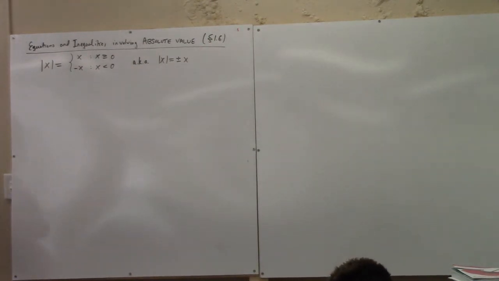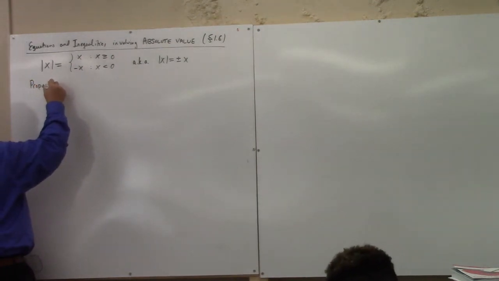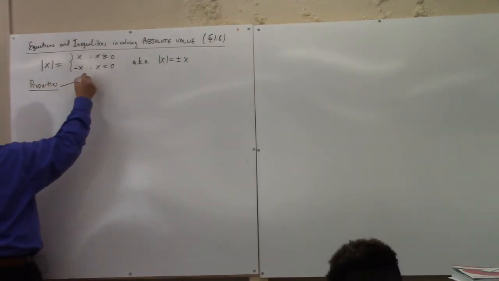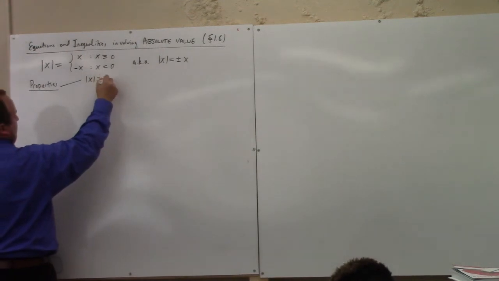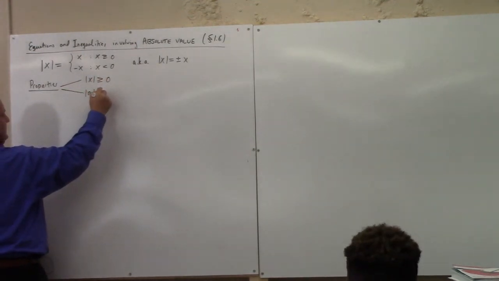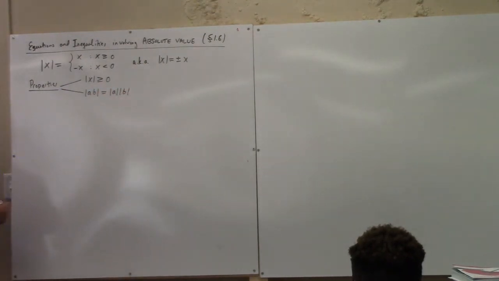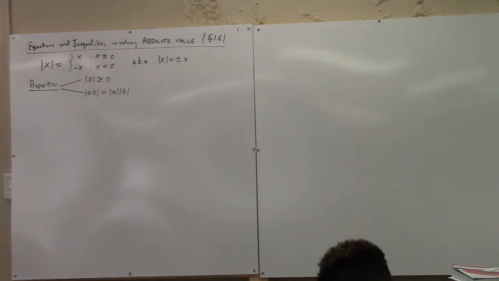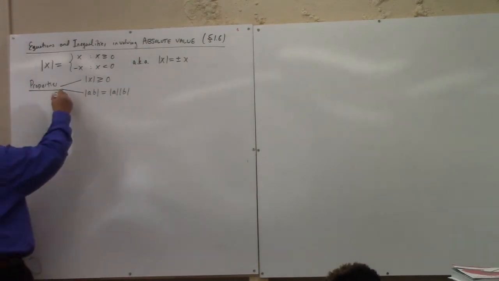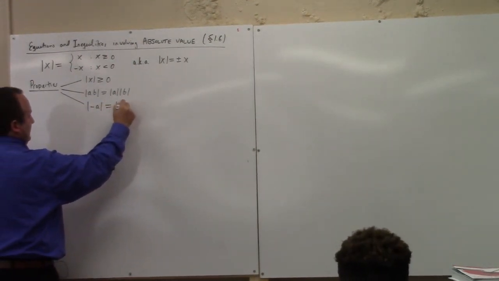We had some properties last time. What were the properties? Absolute value of x is greater than or equal to 0. The absolute value of a times b is absolute value of a times absolute value of b. Those are the big ones. There's more, but the other thing is absolute value eats minuses, so the absolute value of minus a is equal to the absolute value of a.